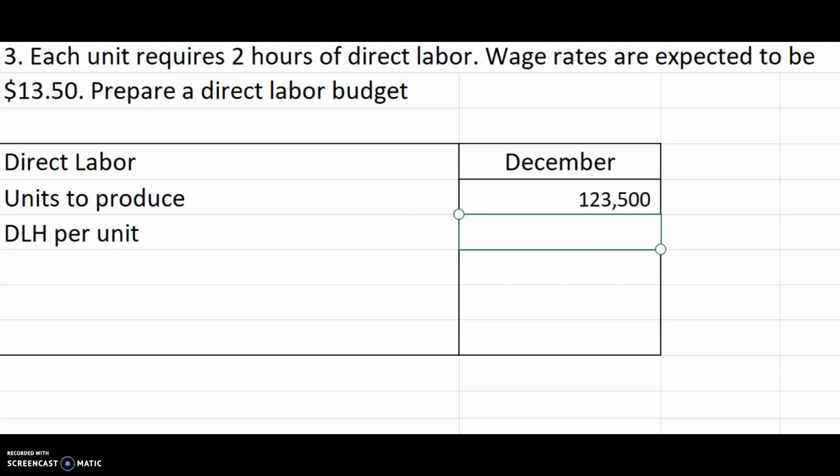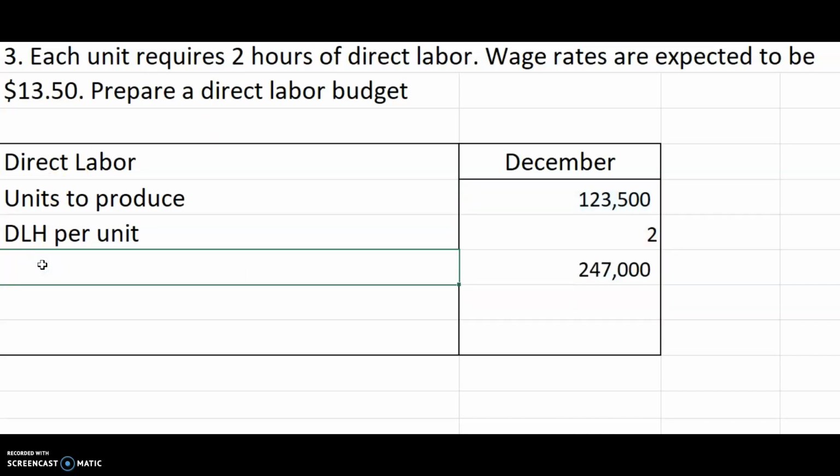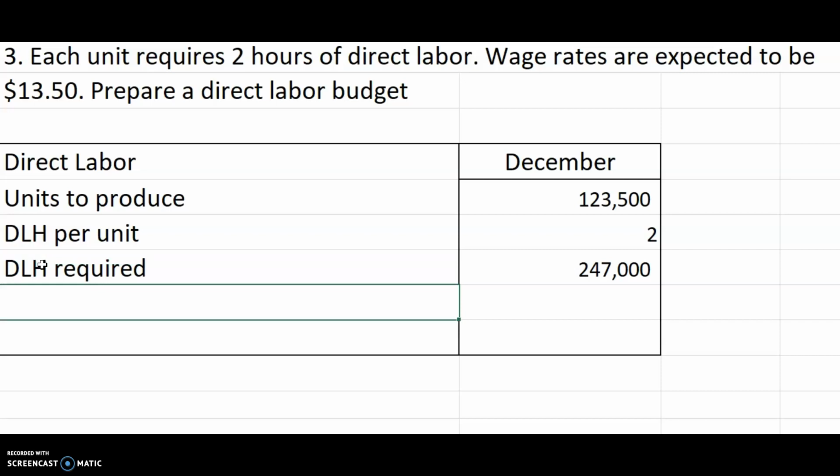And our information tells us that each unit requires 2 hours of direct labor. So if we multiply the 123,500 units, each one's going to take 2 hours. So we need to pay for 247,000 direct labor hours.